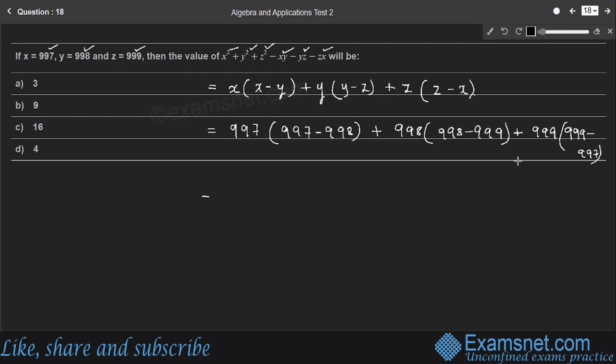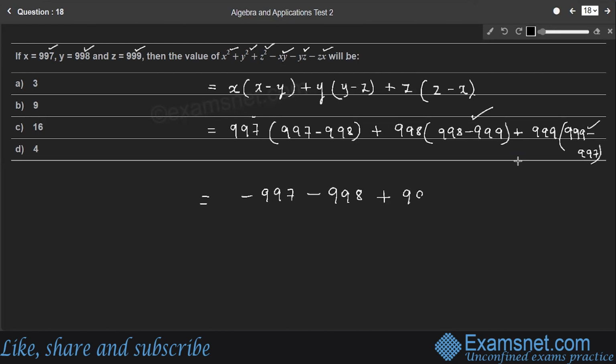Right? Now the simplification will be very easy, right? And 997 minus 998 is minus 1 into 997 becomes minus 997, right? Again, here the difference is minus 1, right? Into 998 becomes minus 998. Here the difference is plus 2, 999 plus 2, right?